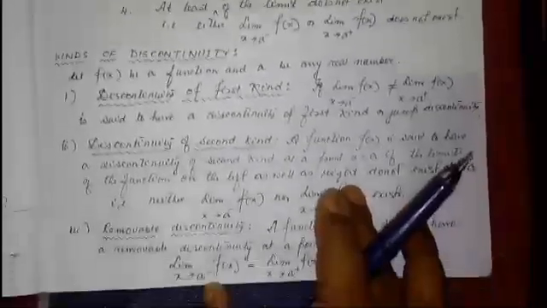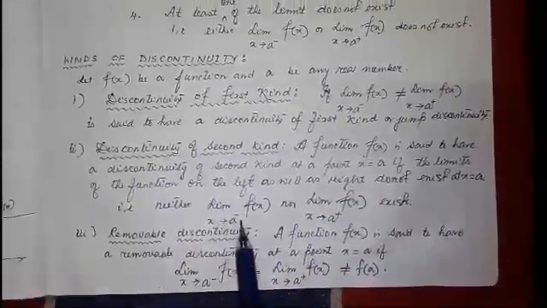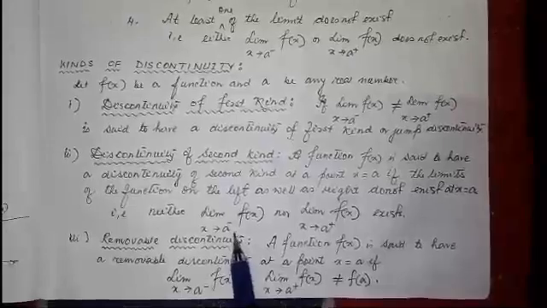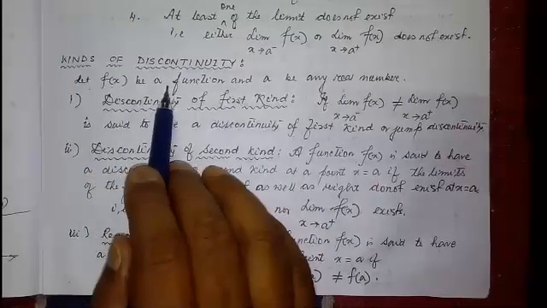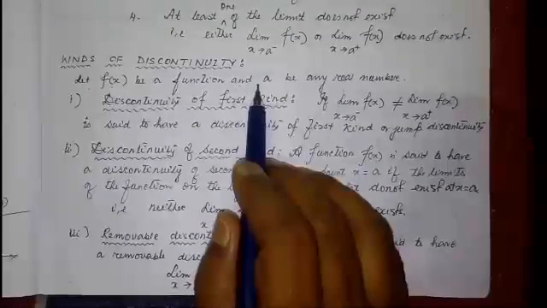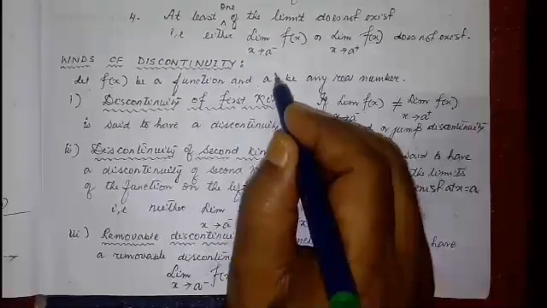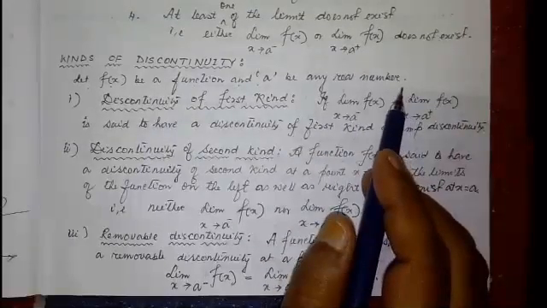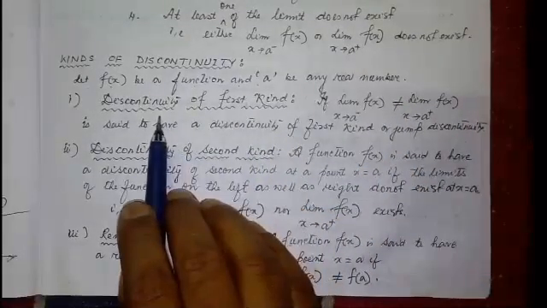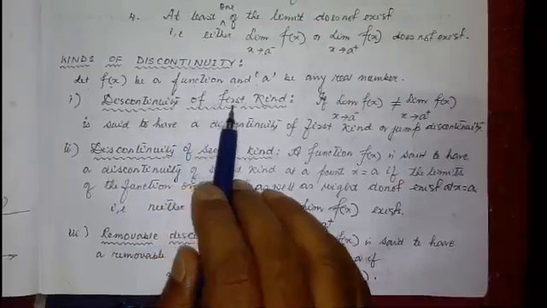Now, kinds of discontinuity. Let f(x) be a function and a be any real number. Number one, discontinuity of the first kind.